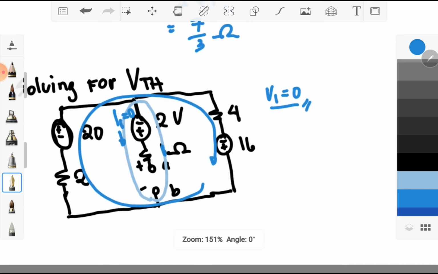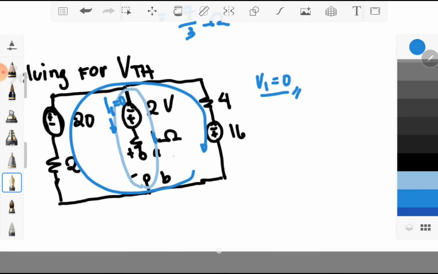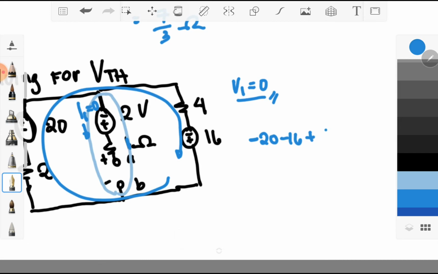Okay? So we'll have, we enter at negative 20 minus 16 plus the current source of 4 plus 2 ampere multiplied by our I total.